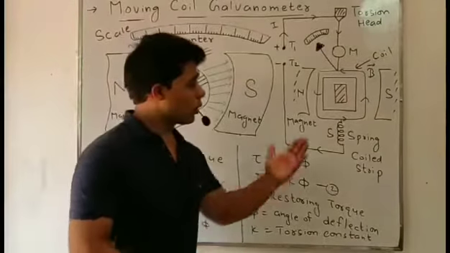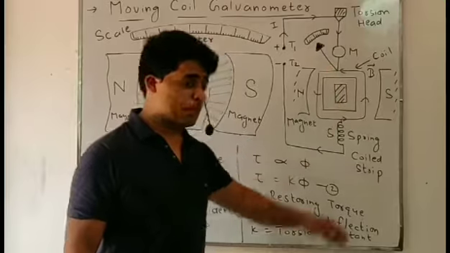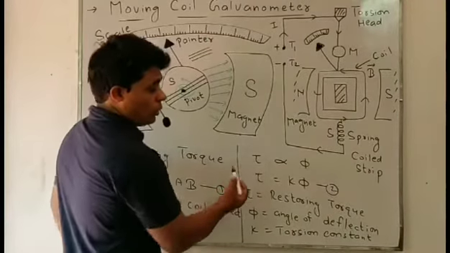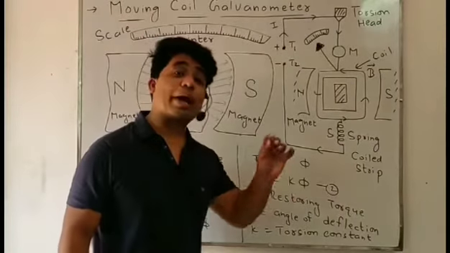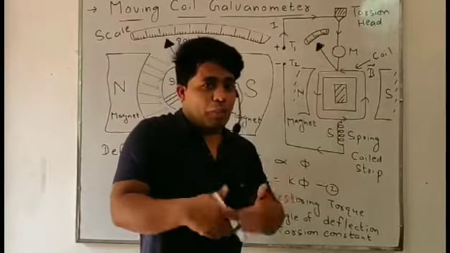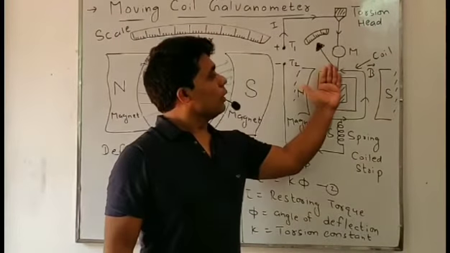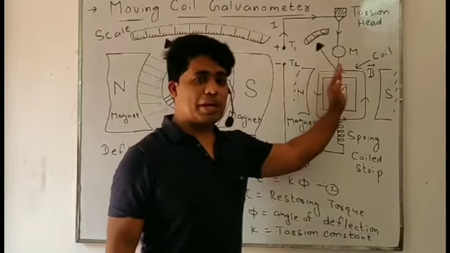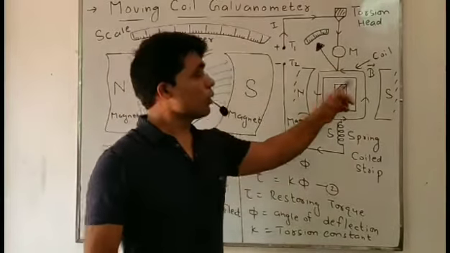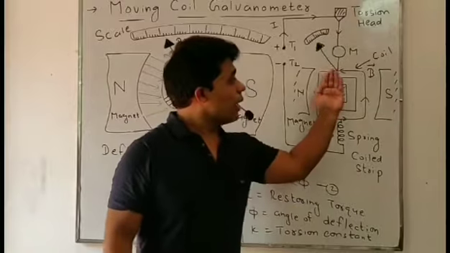Due to this deflecting torque, the coil gets deflection, and the torque is directly proportional to the angle of deflection. Obviously, when the amount of current is more, it deflects with a larger angle. When the moment of force is more, the angle will be more.